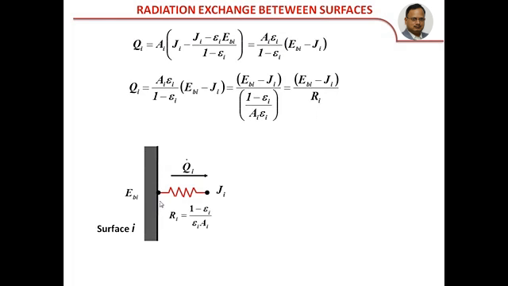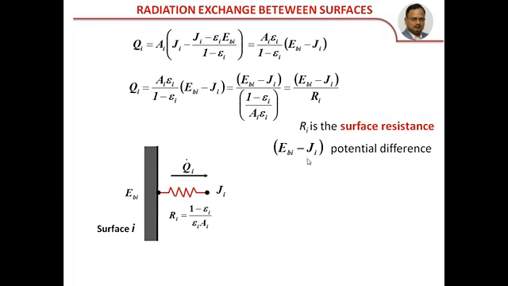So if you have a surface like this, the net radiant energy leaving, E B I minus J I, is divided by this resistance, 1 minus epsilon I by epsilon I A I. Q I is equal to E B I minus J I by R I, where R I is 1 minus epsilon I by epsilon I A I. If it is a black body, it becomes 1 minus 1, 0, where R I is called surface resistance.